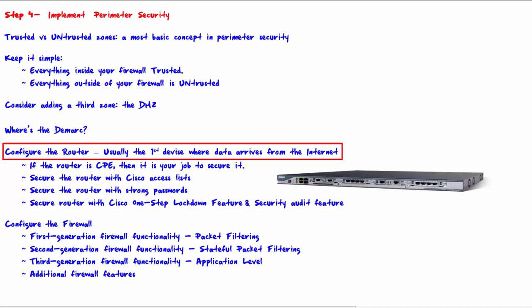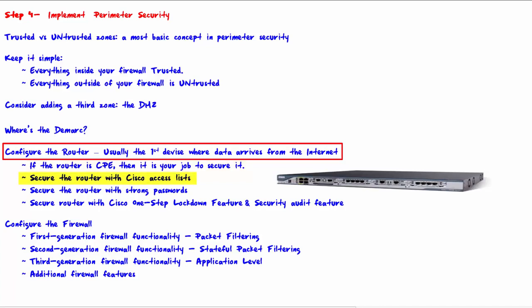Depending upon the type of internet connection, whether it's T1, cable, or etc., the router may be CPE or it may be owned by the ISP. If the router is CPE, then it is your job to secure it. Securing the router is most often done by using access lists or ACLs.